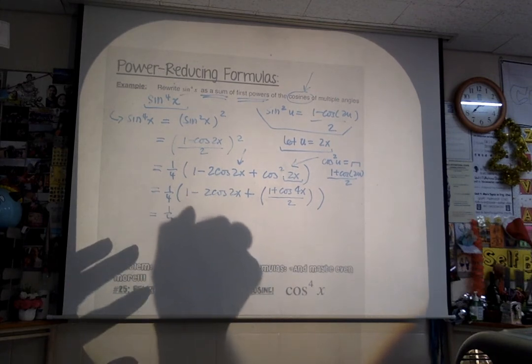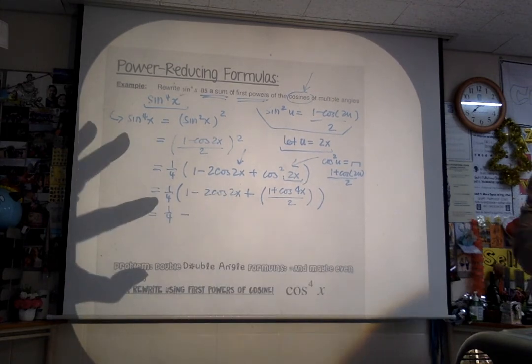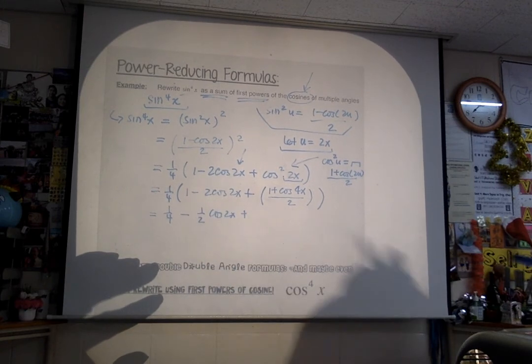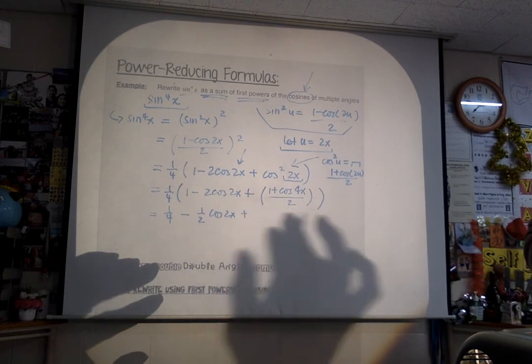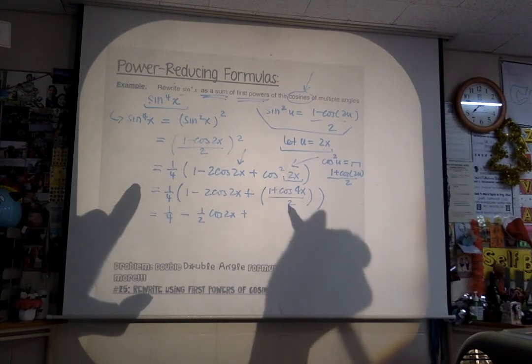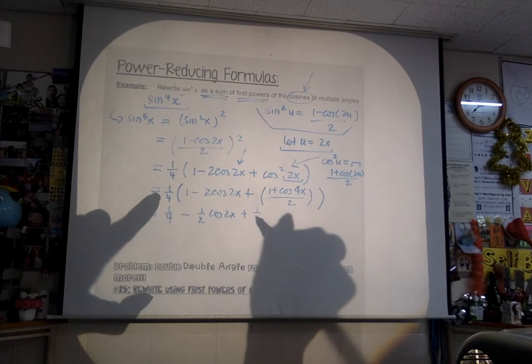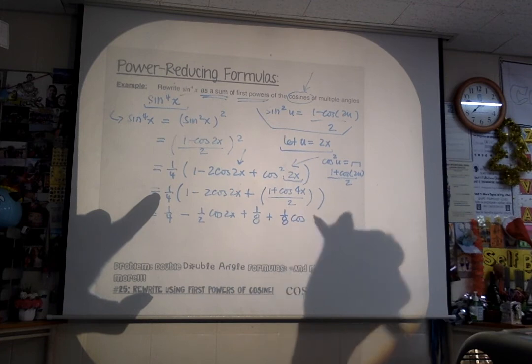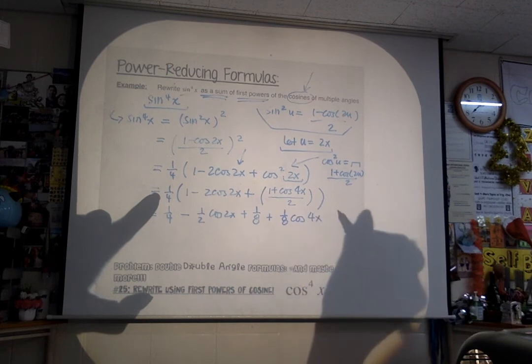Then that equals 1/4 times, I'm going to multiply it all in, okay? 1 minus 1/2 cos 2x plus, I'm not going to square it, I'm going to actually take the 1/2 and multiply by 1/4, which is 1/8, right? I'm going to separate this fraction. You'll see why, okay? And then you get 1/8 cosine 4x.